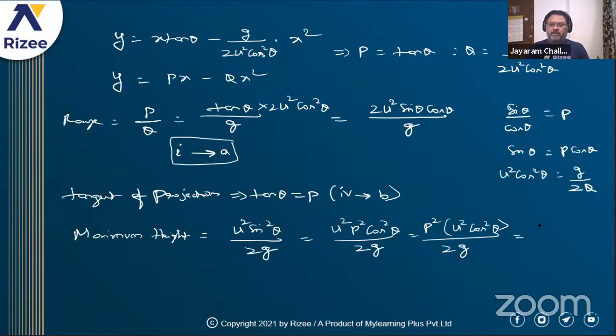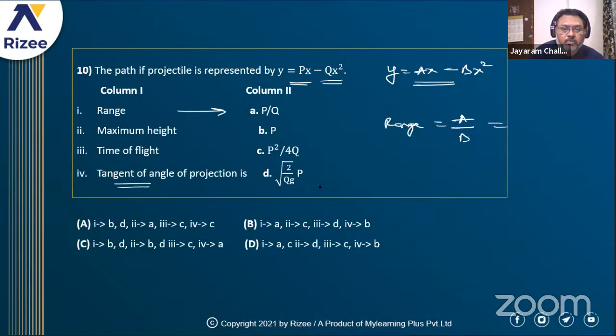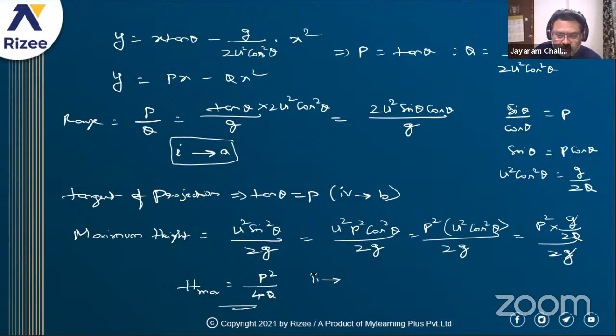So replace that one. It will be p square into g by 2q by 2g. So your g will go off. So h maximum will be equal to p square by 4 into q. So this represents your second option. That is, 2 is related to which one, sir, here? Sorry. 2 is related to the C. So second one is related to the C.